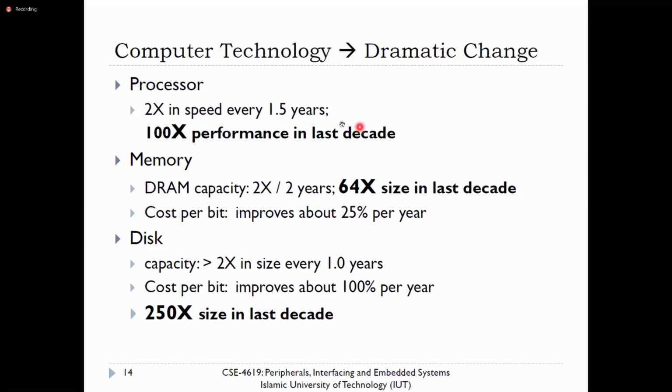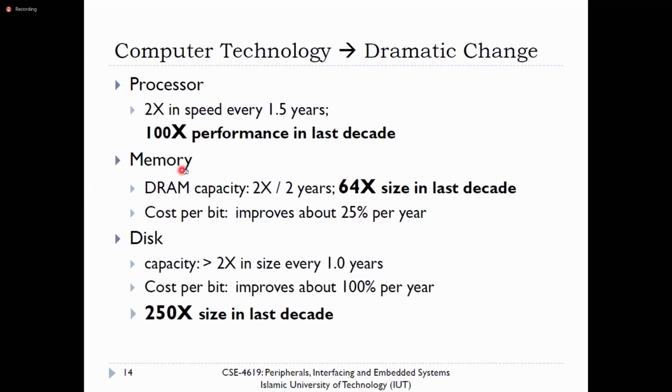For the last few decades, since its evolution, processor speed has doubled every 1.5 years. In terms of clock speed, the performance gain is more than 100 times in the last decade.